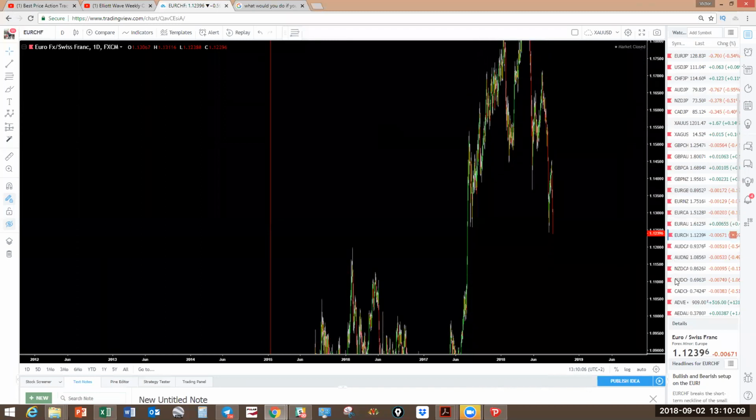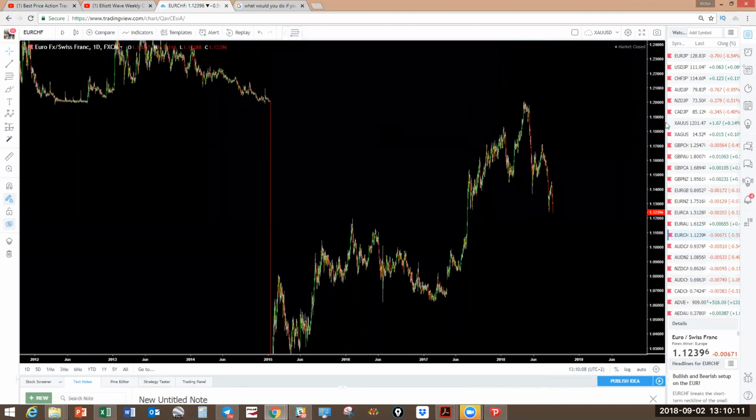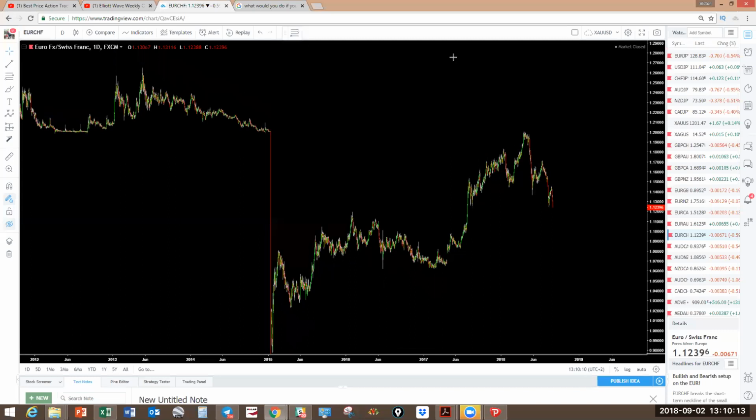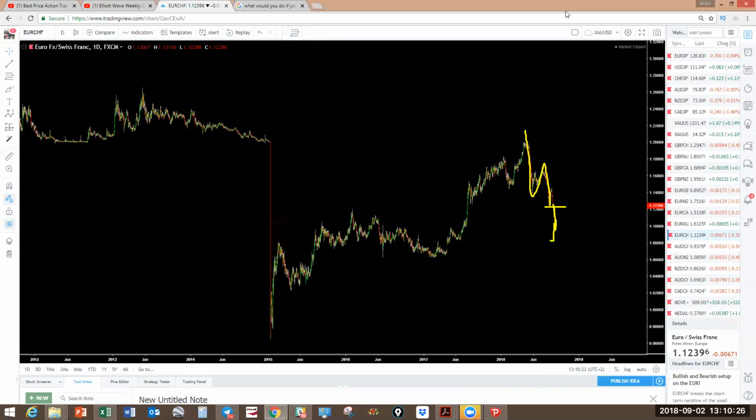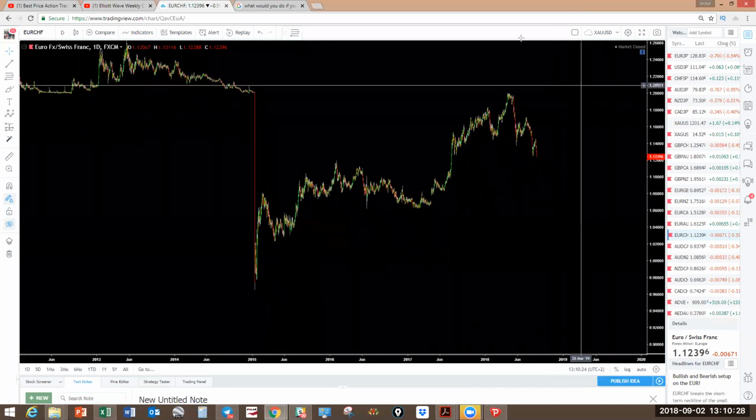Right, on the daily, you are looking at the euro. It has made a 1, 2, 3 wave move down. So if it's breaking down here, this may be coming all the way down. Let's just check something here in terms of the structure.